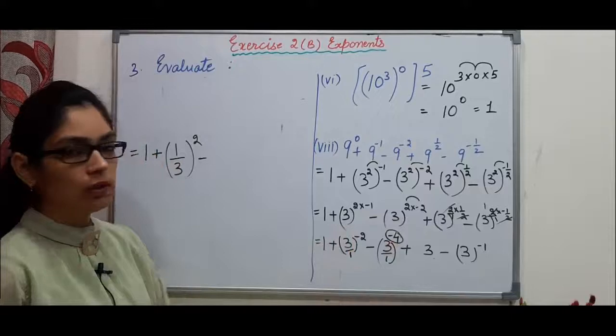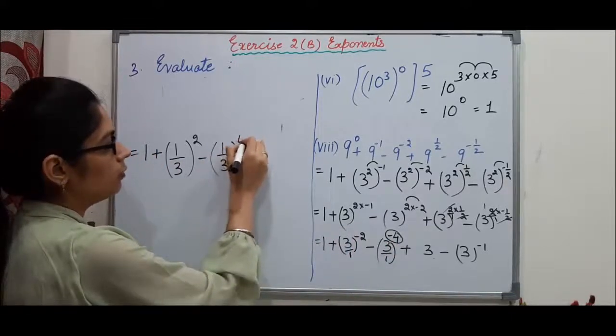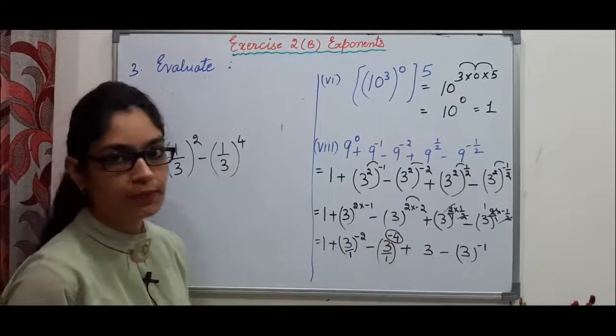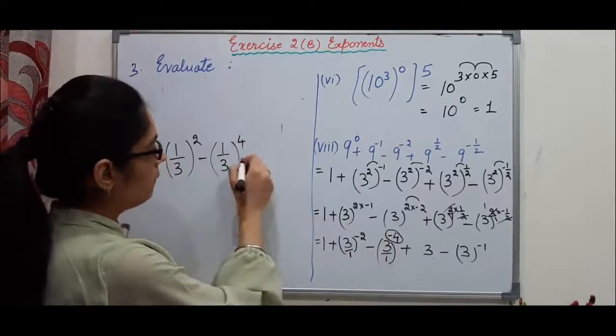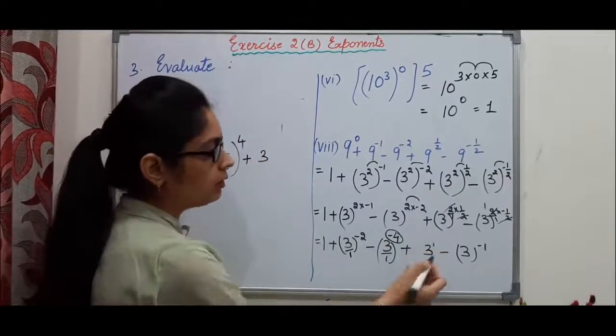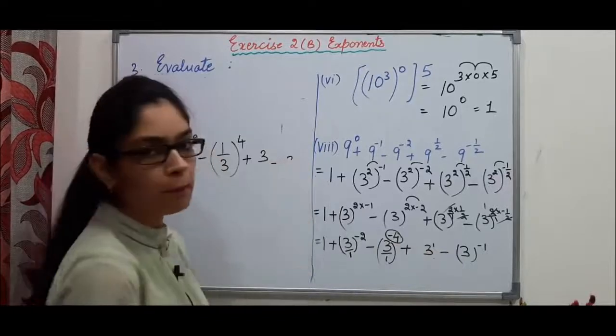So the reciprocal of 3 by 1 is 1 by 3 whole power plus 4. Once we do its reciprocal, minus 4 will be changed to plus 4. Plus 3 as it is, because its power is also positive 1.